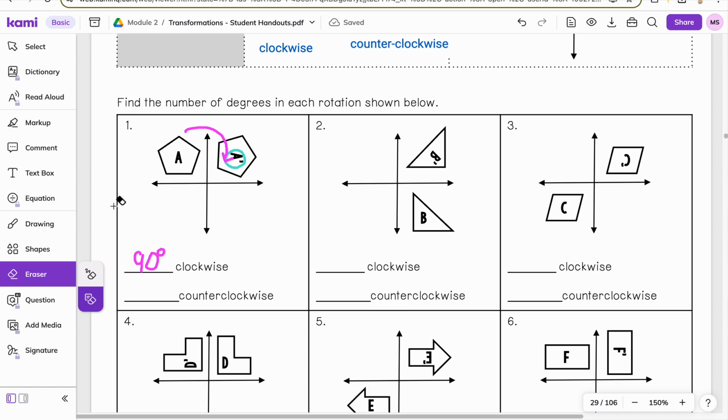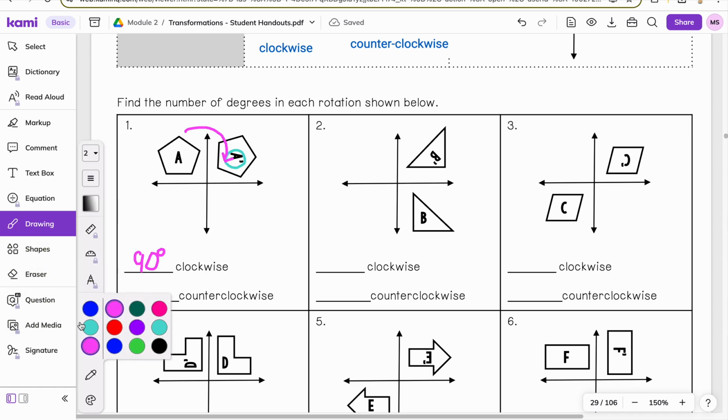The other thing that we can say is we can also call this a counterclockwise rotation. So again, if we're starting here at the A, but now we're going backwards, this would be 90 degrees, right? So let me write that. This would be 90 degrees counterclockwise. If we kept going over here, this would be 180 degrees counterclockwise.